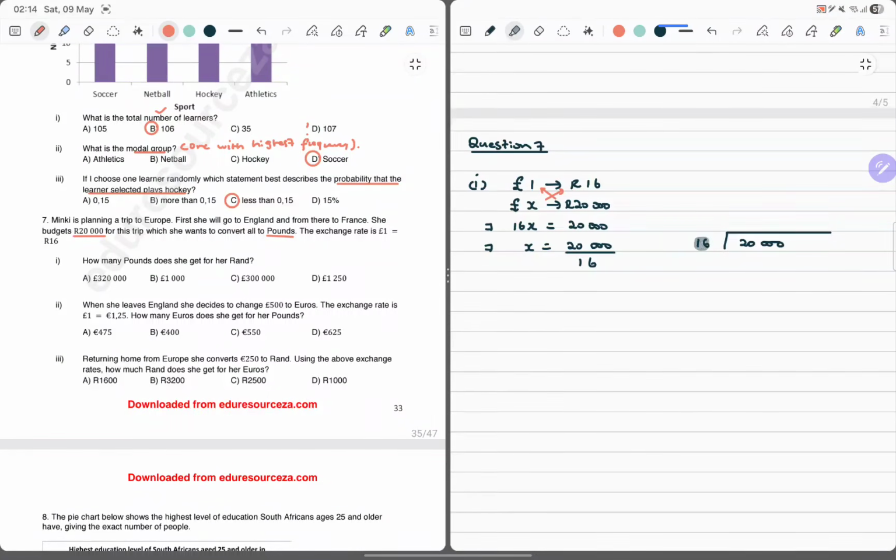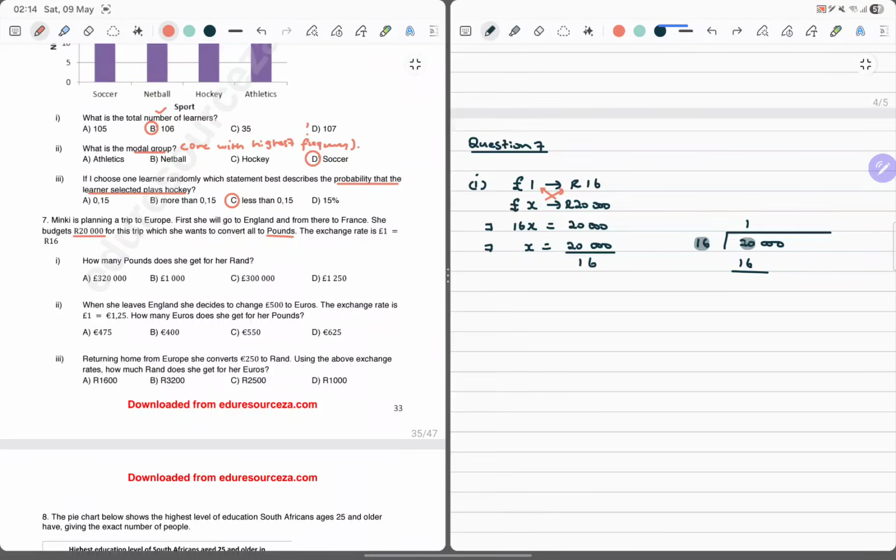If you look at 16, it can go into this one once. 1 times 16 is 16. Remember, we subtract. This time we subtract everything under 20. So 2 minus 1 is 1. Did I do the right thing? No, I did not.